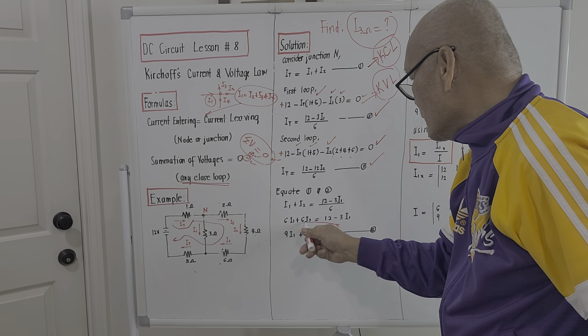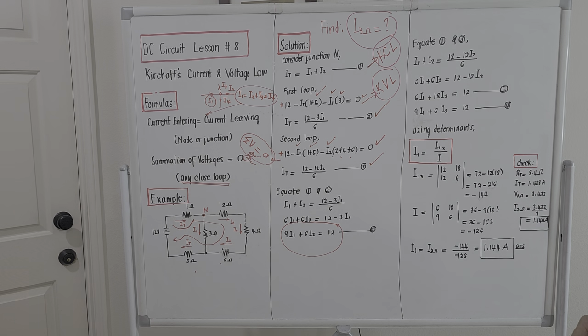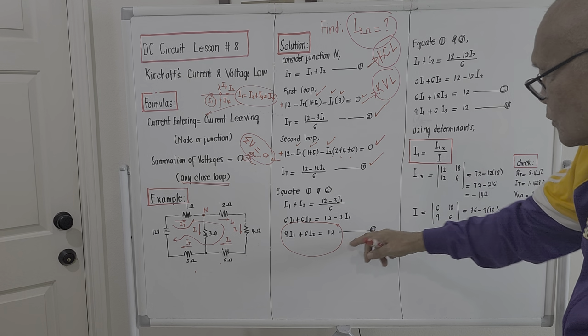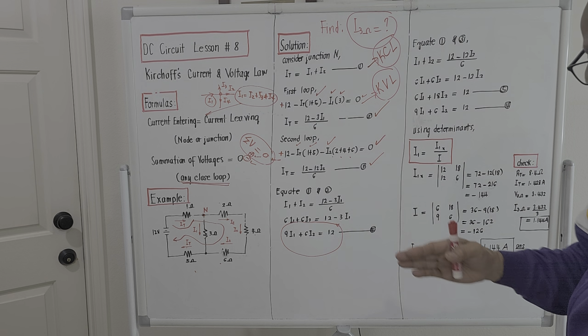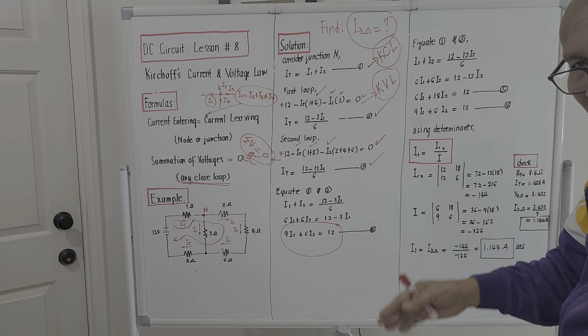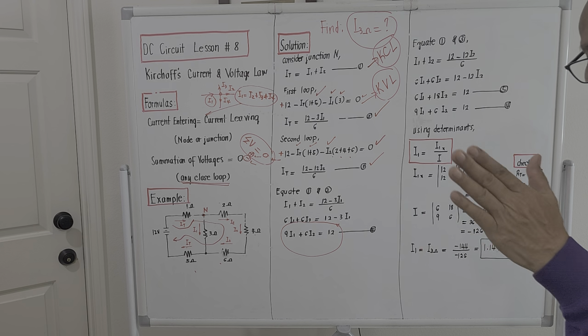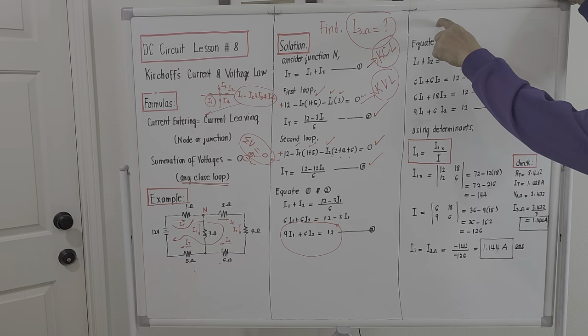We need this one in the computation of the final answer. As you can see, in the resulting equation number 4, the only unknowns are I sub 1 and I sub 2. So to compute for I sub 1 or I sub 2, we must bring out another formula involving I sub 1 and I sub 2. To do that, we will equate again equation number 1 and number 3.